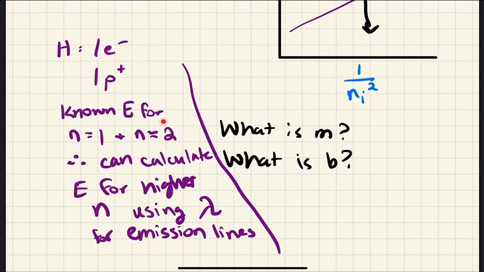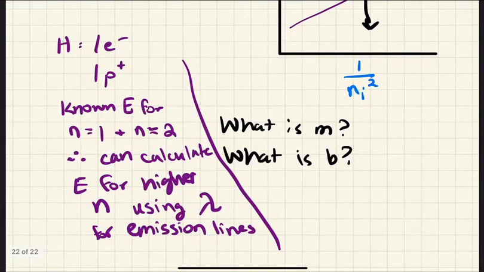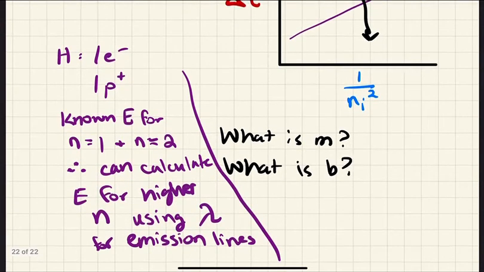And we're going to be given a known value of energy for the electrons in the first energy level and in the second energy level, and that will lead us to the ability to calculate energy for electrons falling down from higher energy levels, and we'll use n as the representative for the higher energy levels here, but it could be the third energy level, fourth energy level, fifth energy level, and so on. And we'll use the wavelengths for the emission lines to determine what that energy is.